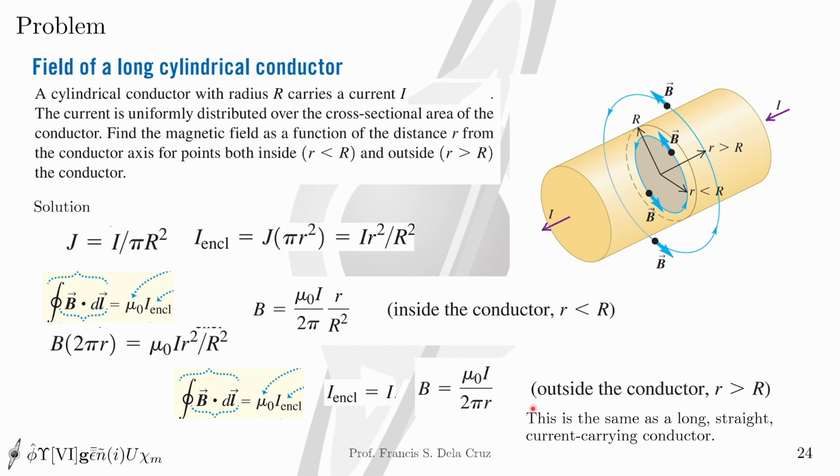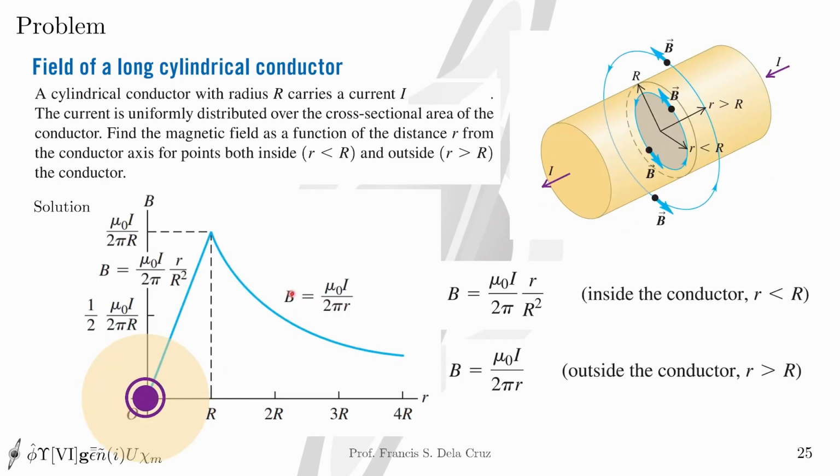If you have a long cylindrical conductor or a long straight current carrying wire, the field outside would be equal to mu naught I over 2 pi r. It's just the same. You cannot distinguish them outside, but if you go inside, this is the magnetic field in that conductor.